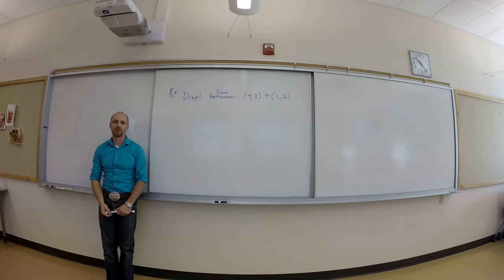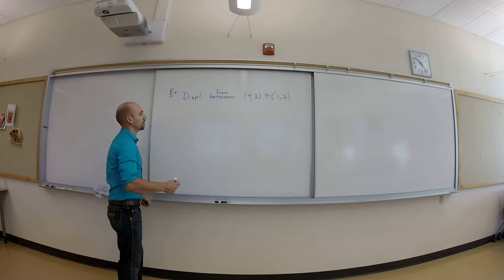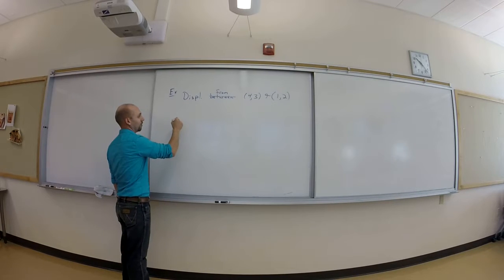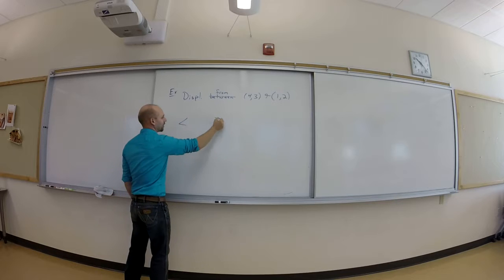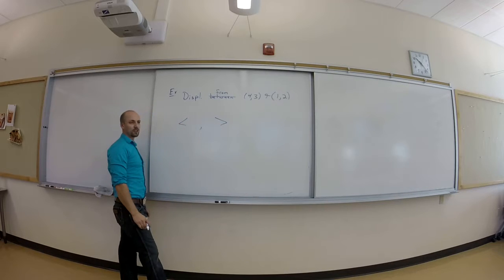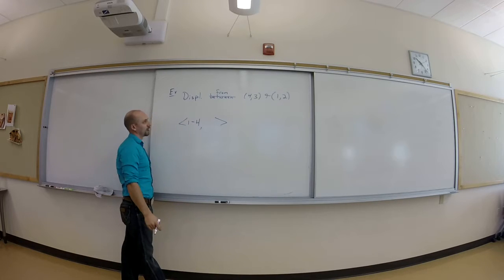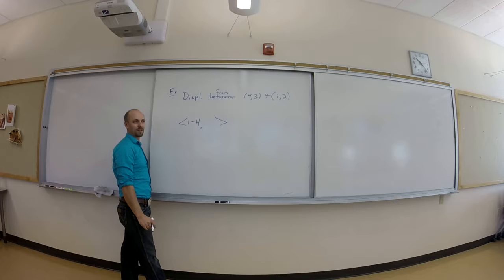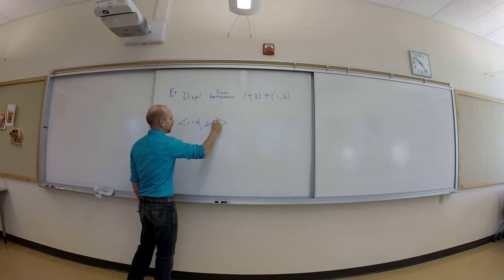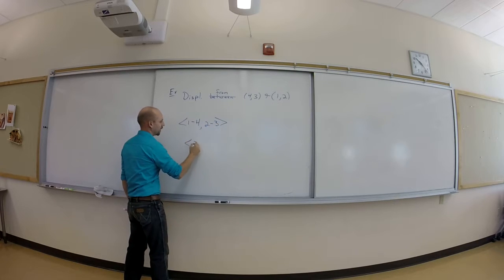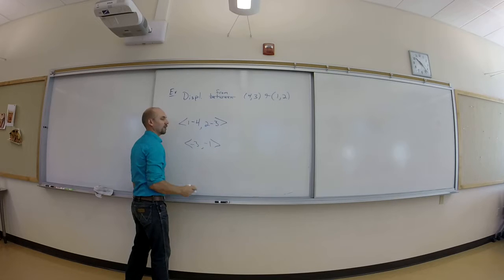Okay, so how do you manage this? Subtract them. Okay, so you get a vector. Your vector should have what in the first coordinate? Negative 3. 1 minus 4, negative 3. And in the y? 2 minus 3, negative 1. So I get negative 3, comma, negative 1.